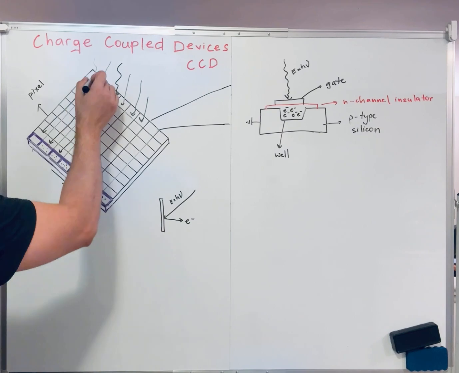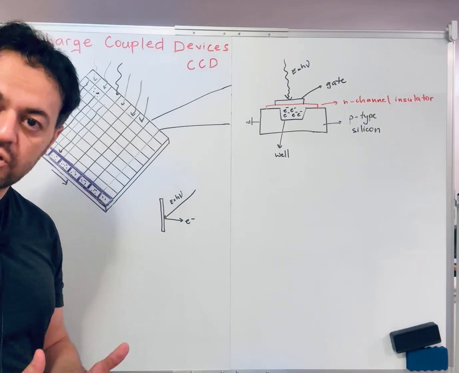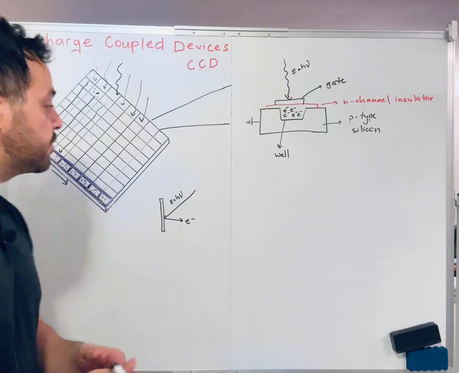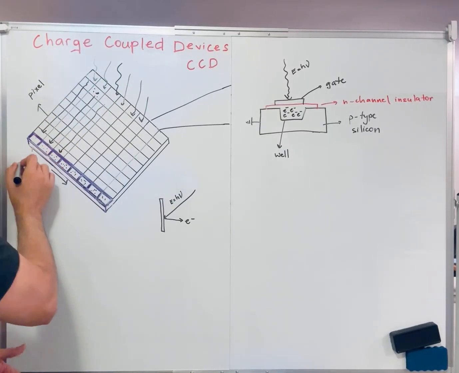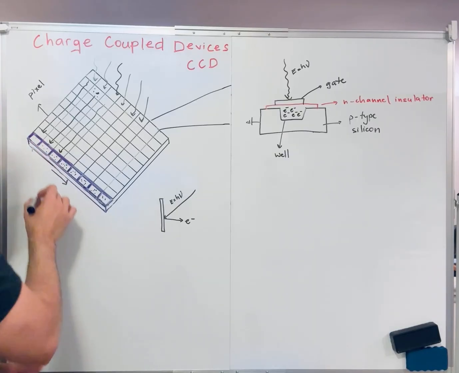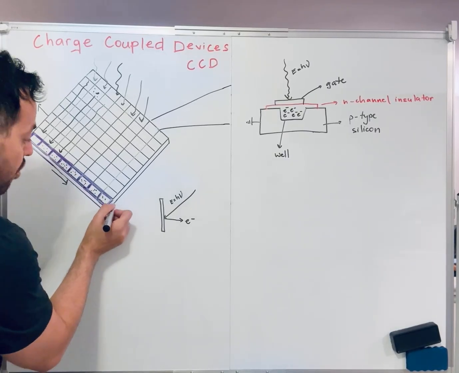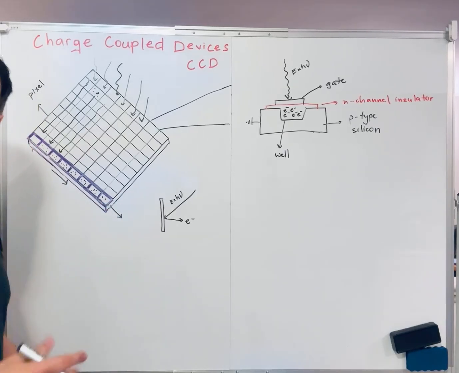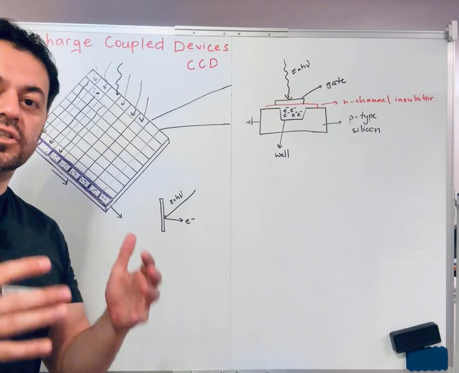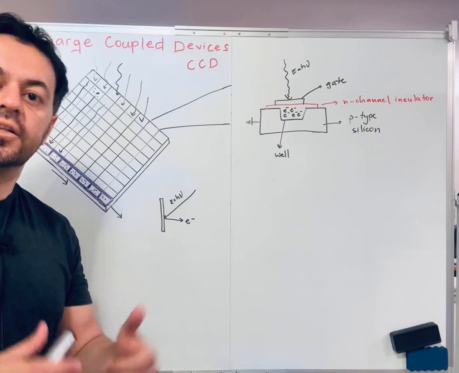So first, the electrons generated by the photoelectric effect from the photons are dragged vertically to the edge, and from the edge they start being dragged horizontally. So where does it go? Horizontally, this is connected to the analog to digital converter.